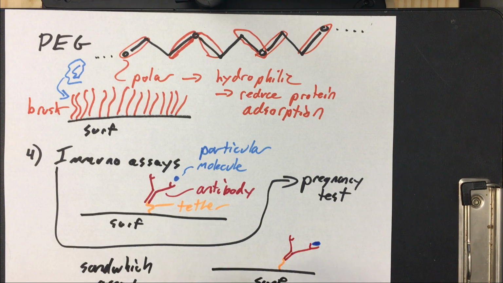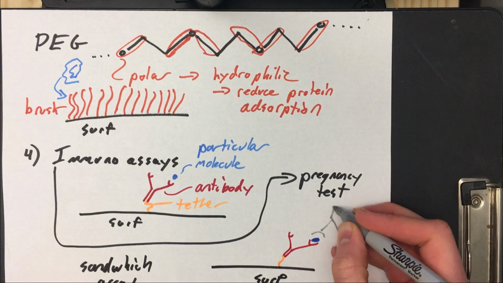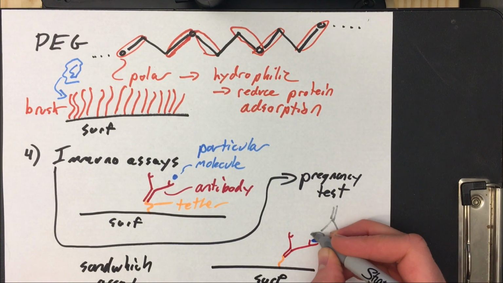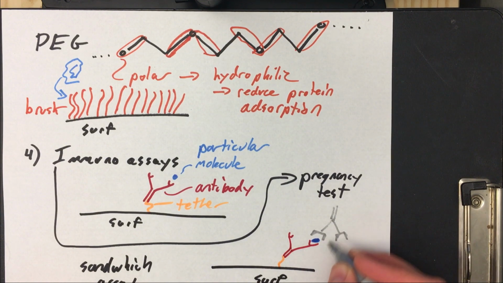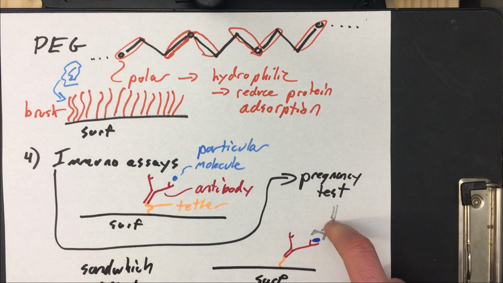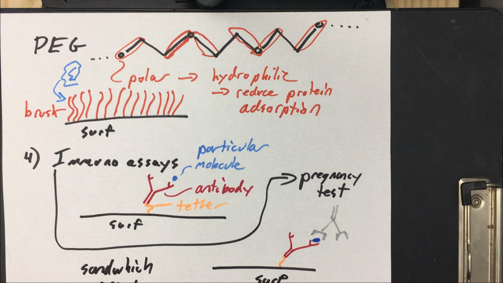Only when this molecule of interest has stuck to this antibody can you then flow a second type of antibody past that surface. This second antibody only sticks to the complex of the first antibody and the particular molecule of interest.